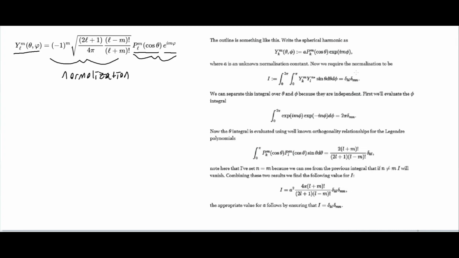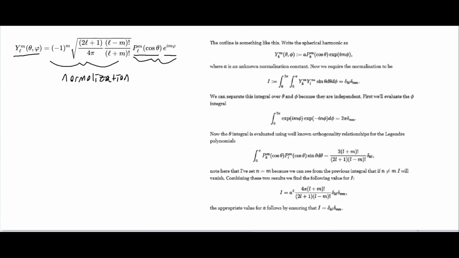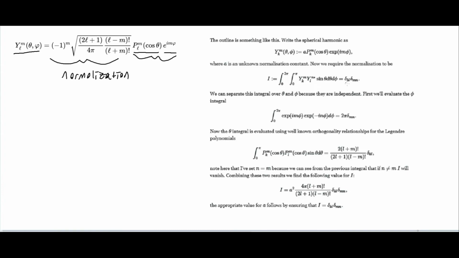And we require our normalization to be this, which is exactly what I was talking about up here. They're just using different variables. They're using this k and l and m and n here, rather than using the l, m, and then l prime, m prime. And so we separate this integral over theta and phi because they're independent.